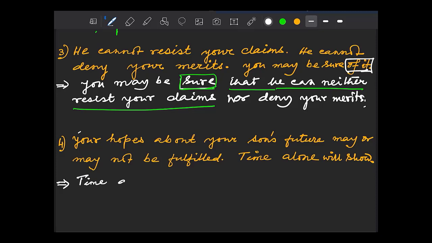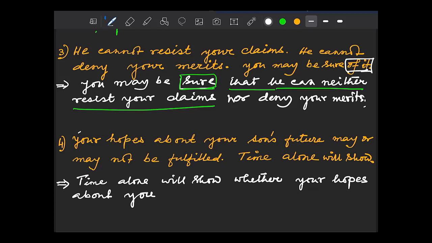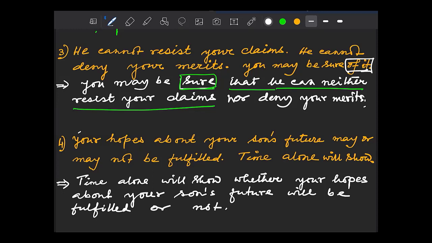Time alone will show whether, you may use if also, whether your hopes about your son's future will be fulfilled or not.